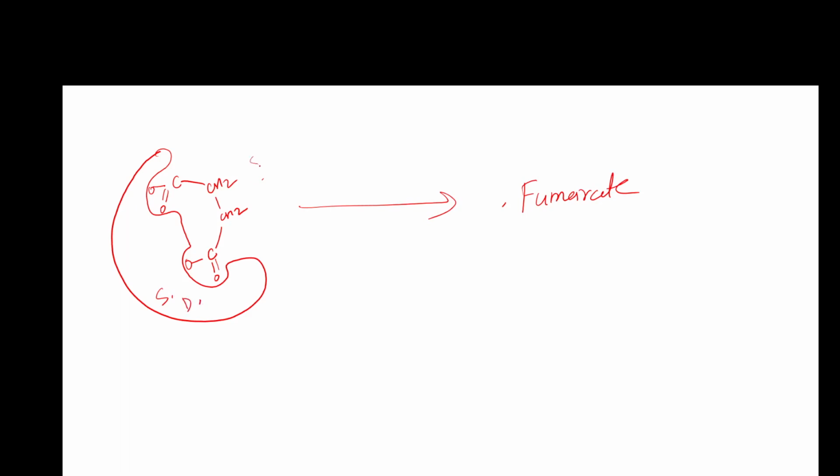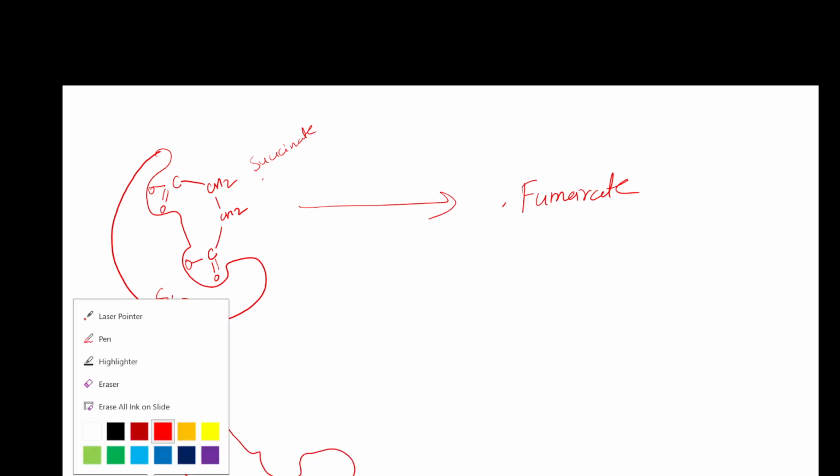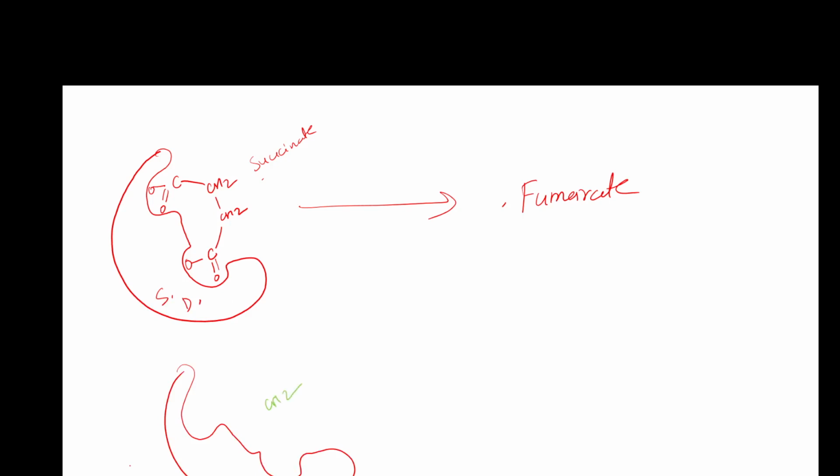However, this succinate structural analog, which is malonate, is the same structural analog, so that is why it can also bind to this enzyme, but there will be no formation of the product. So this is a competitive inhibition example. Succinate dehydrogenase gets inhibited by malonate, which competes with succinate because of the structural similarity, and there will be no product formation in this case.